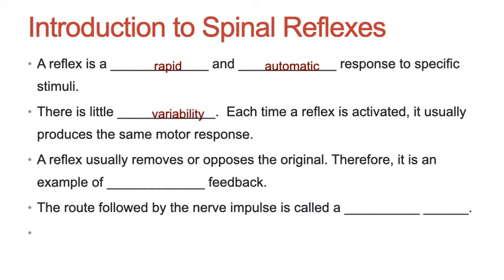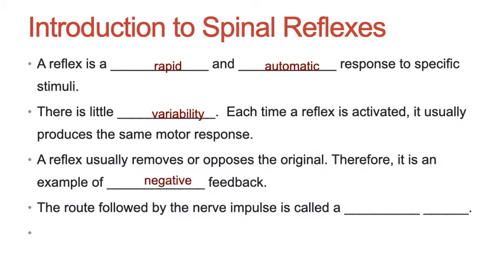The responses show very little variability, so each time a reflex is activated, it's usually going to produce the same motor response. A reflex usually removes or opposes the original action. Therefore, it's an example of negative feedback.